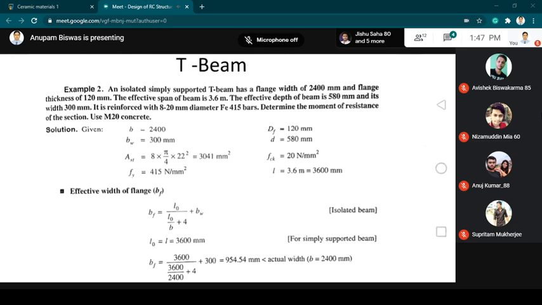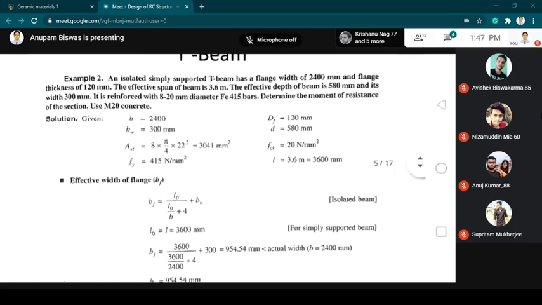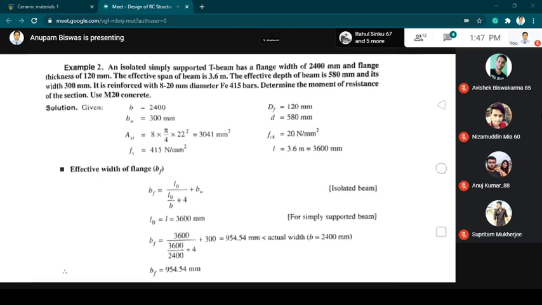Next, let us discuss another problem for a condition. So here the question is for an isolated simply supported T beam. The flange width is given as 2400 mm.